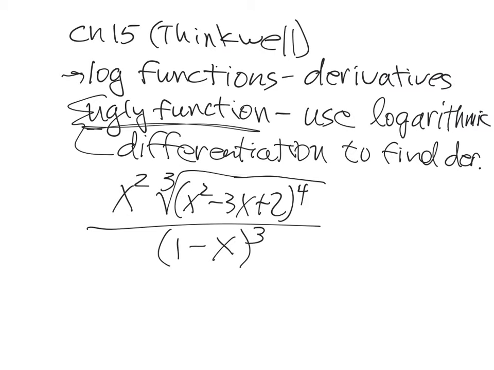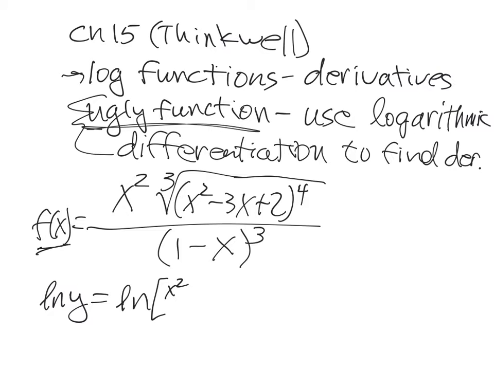Let's say this is our function. And yeah, really ugly. What we can do is take the natural log of both sides. Now I'm going to change f of x into y, make notation a little bit easier. So we'll go natural log of y equals the natural log of all of this.